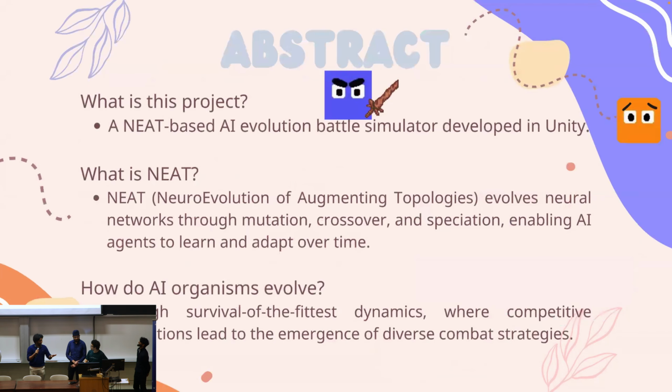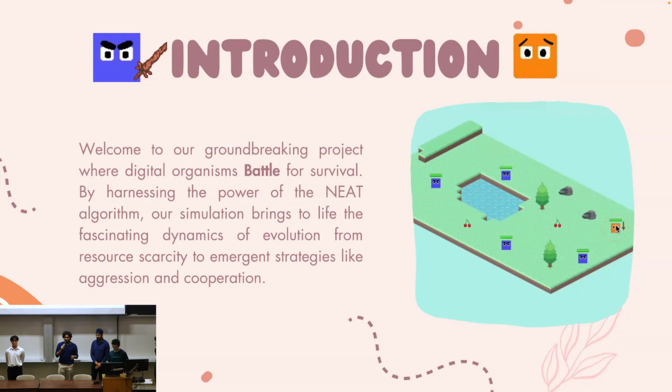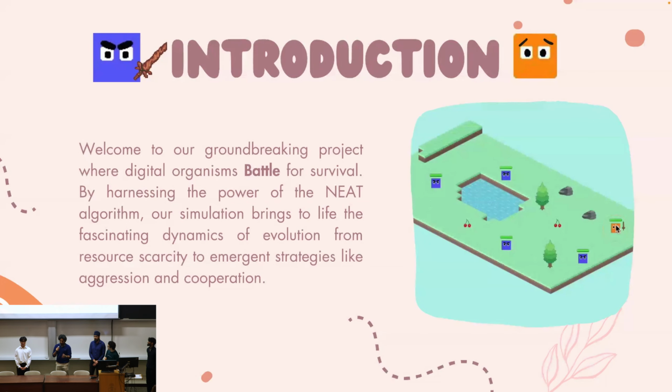Essentially, our project is a battle simulator where we use the NEAT algorithm, NeuroEvolution of Augmenting Topologies, to pit Albert, which is essentially the innocent good guy, versus Kai, who's up there with the sword.